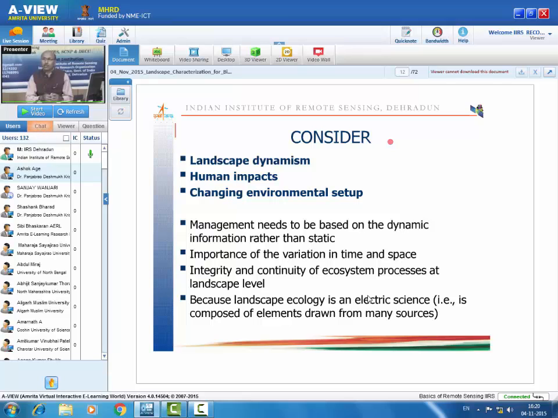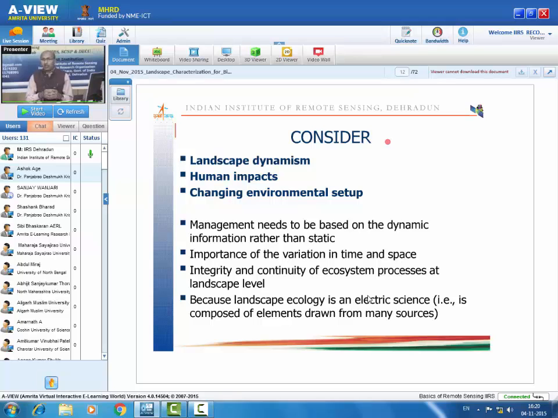That means we keep on updating and revising and improving it. Integrity and continuity of ecosystem processes at the landscape level has to be ensured, because if you don't allow these processes to happen, then biodiversity evolution, or what we call speciation, will not be happening, and that will lead to the disappearance of many species which occur in our country.